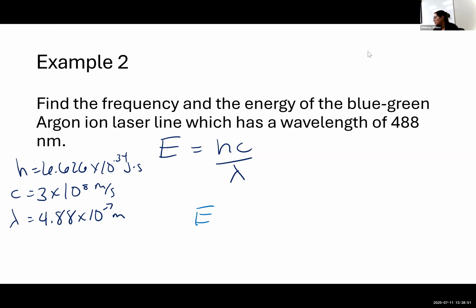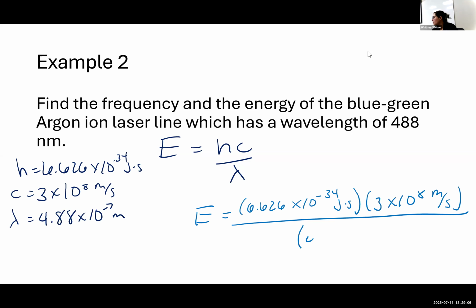So E equals 6.626 times 10 to the minus 34 joule seconds, times 3 times 10 to the 8th meters per second, divided by 4.88 times 10 to the minus 7 meters.